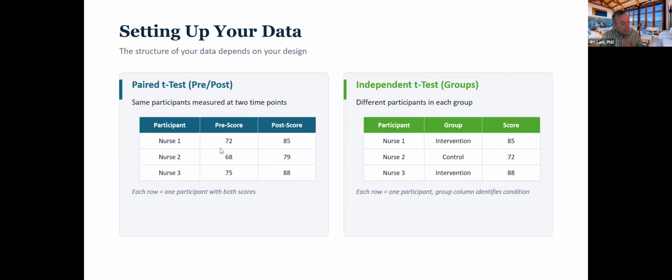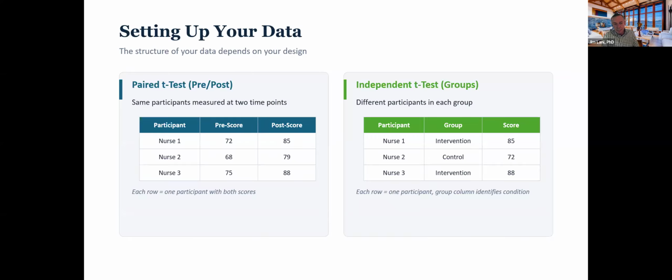So for the paired t-test, you're going to need to know what nurse one's pre-test score was and what nurse one's post-test score was. Now that pre-test score may have been 30 items, again, all on the same row, okay? And then I'm going to average or sum their scores and put that score on the same row, and ditto for post-test. So that is the way to set up paired t-test data.